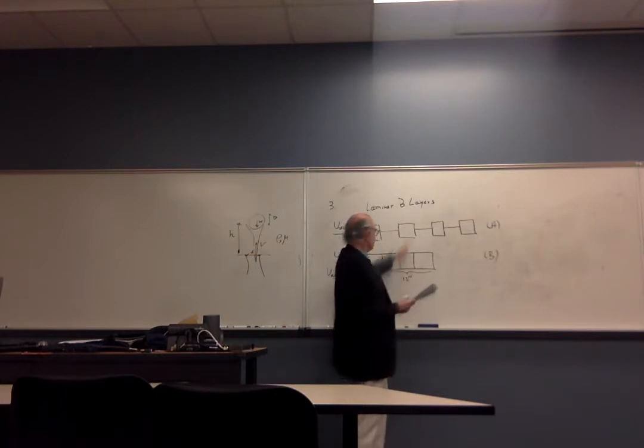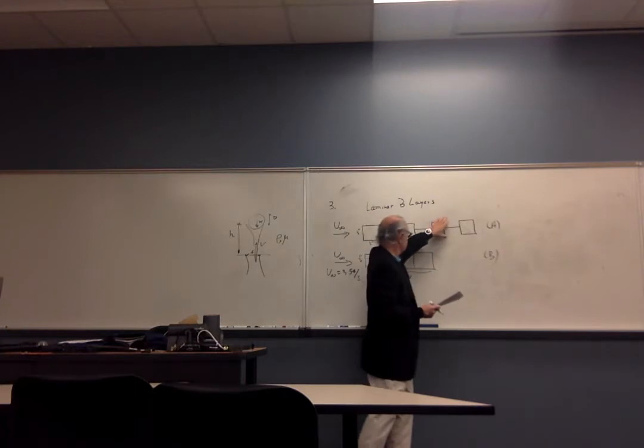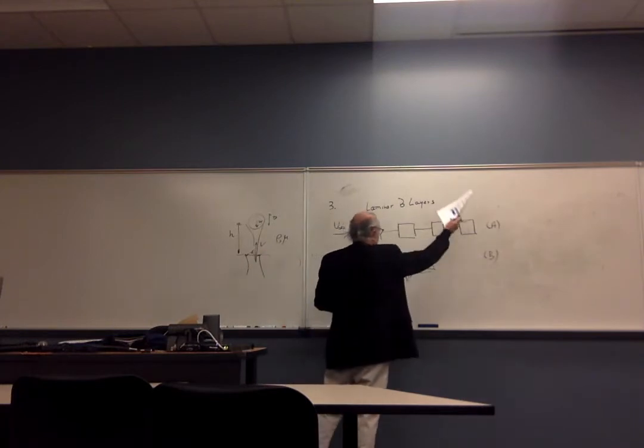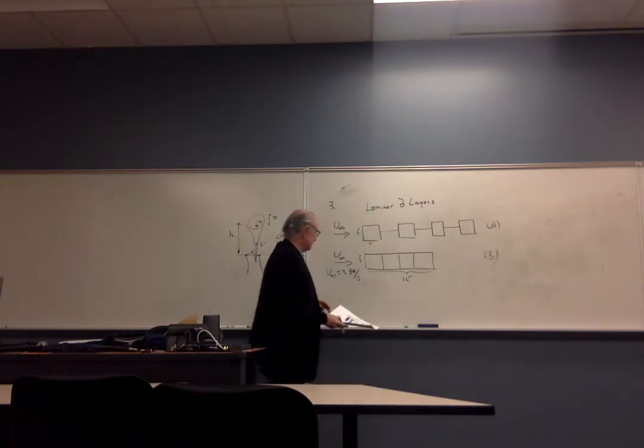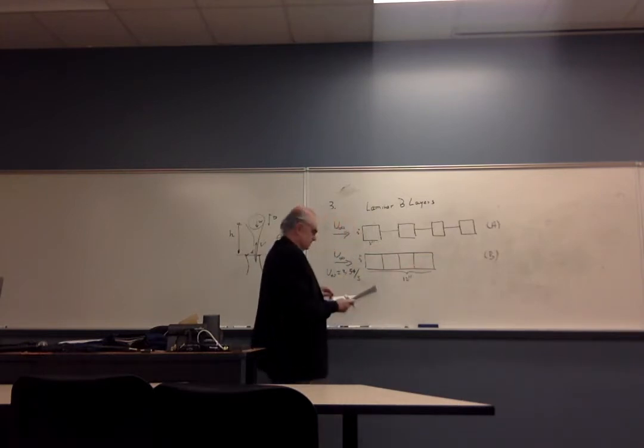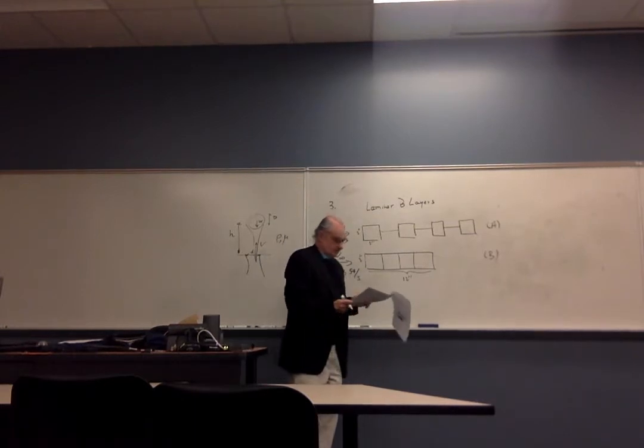And each one of these guys is very far from its neighboring one, and the only thing connecting them is a very thin wire. In this case, all of them are stuck together. Okay, so how are we going to do this? How are we going to calculate the drag?